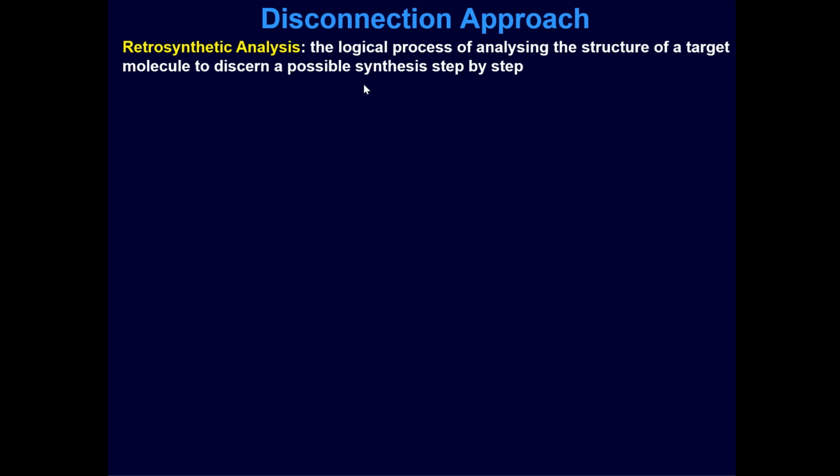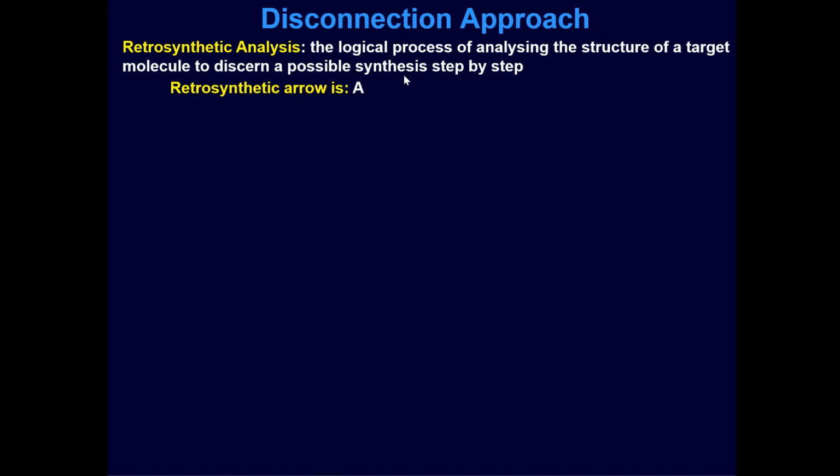How to synthesize that natural product molecule is by retrosynthesis. Any molecule given, we break that molecule into smaller ones to get the starting material. And that starting material we treat with various reagents step by step and get the target molecule.